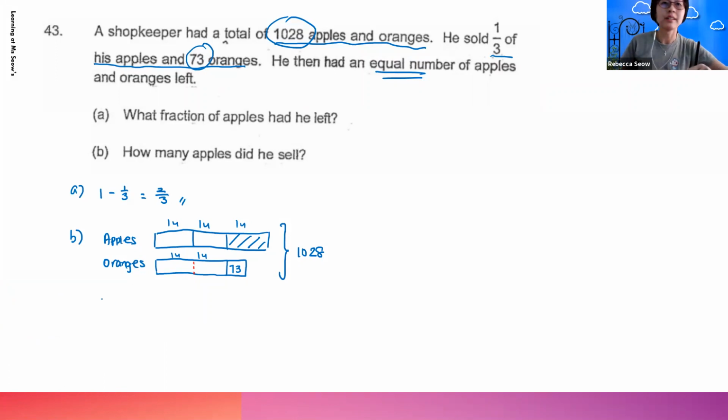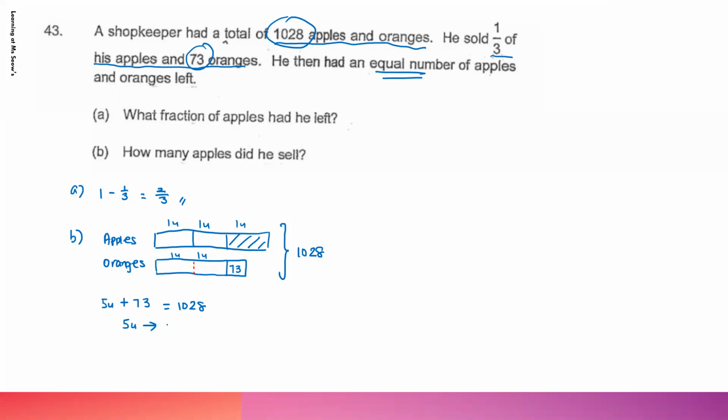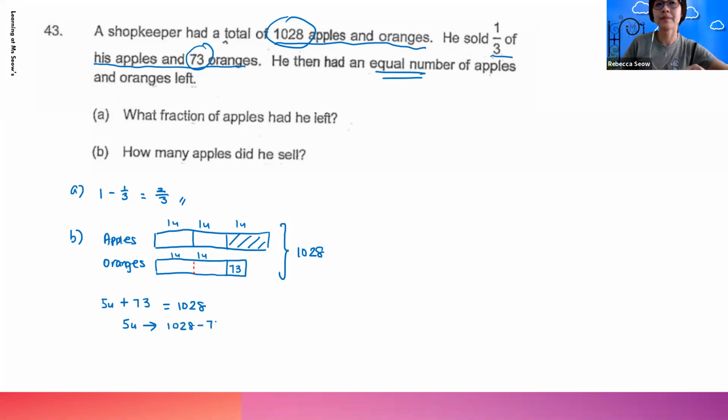So we have 5 units plus 73. That gives you 1028. What can we do to find 5 units? 1028 minus 73. Yeah, we take away 73. So after taking it away, we will have 955.